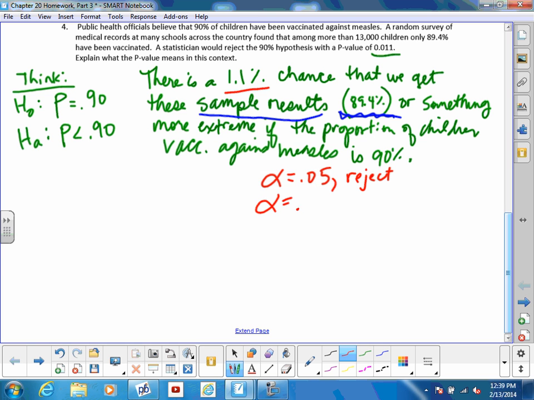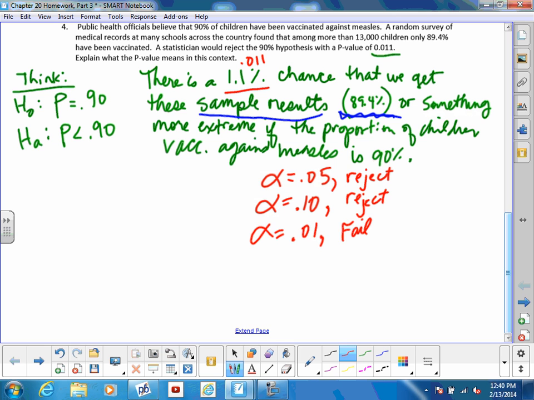Alpha of 0.10. Reject or fail to reject? We reject. Why? Because it's still lower, p-value is still lower than alpha. Okay. This is 0.011. All right. Alpha of 0.011. What do you do there?